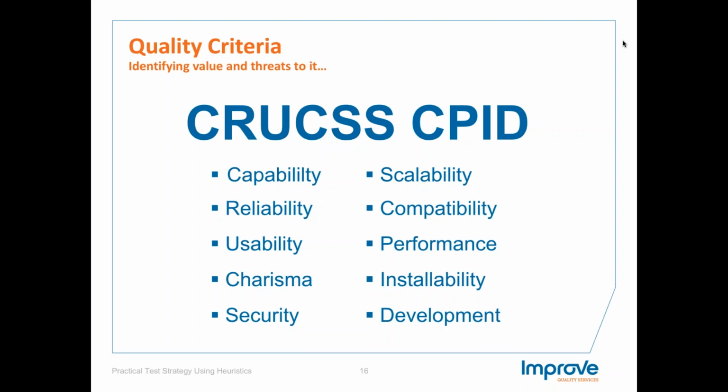Is it cool to use? Does it look good? Security, scalability, stuff like that. Risks, if you think about risk analysis, these lists can be really helpful to make sure that you don't overlook certain criteria of the product.